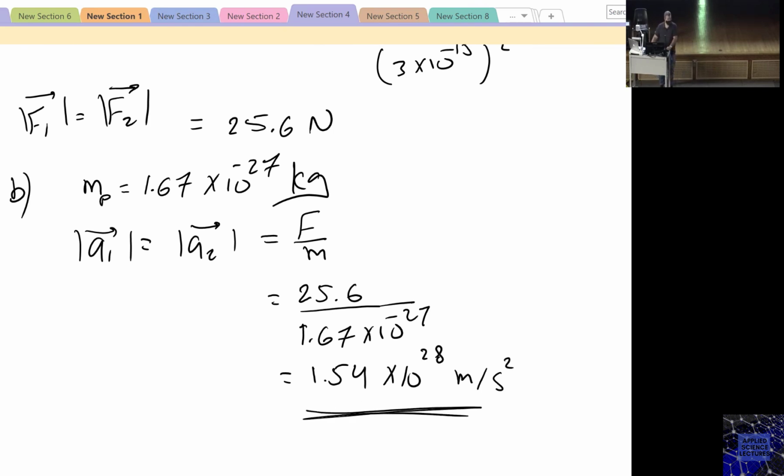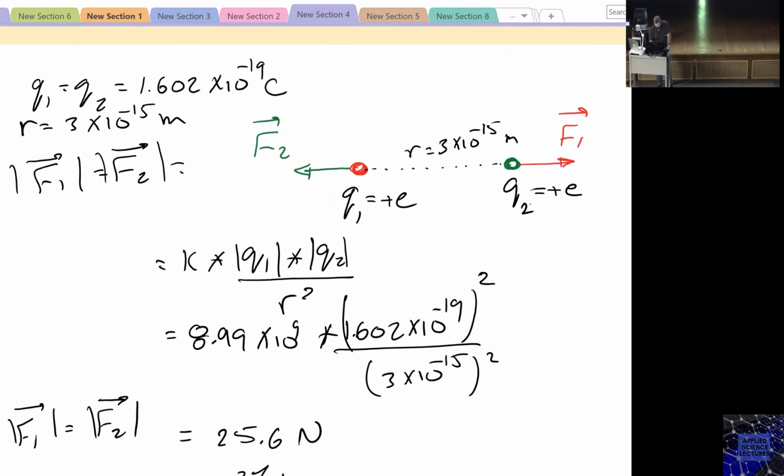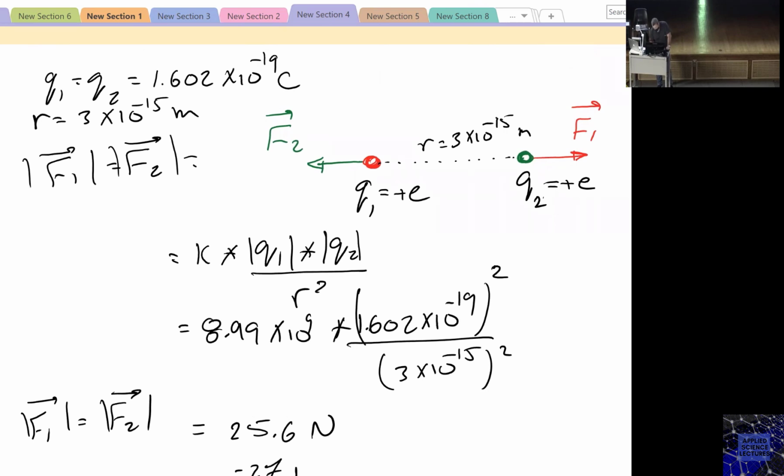So this is the acceleration, and the acceleration is the same for both of them since the masses are the same, and I can put the acceleration here as A1, A2, pointing in the same direction of the force.